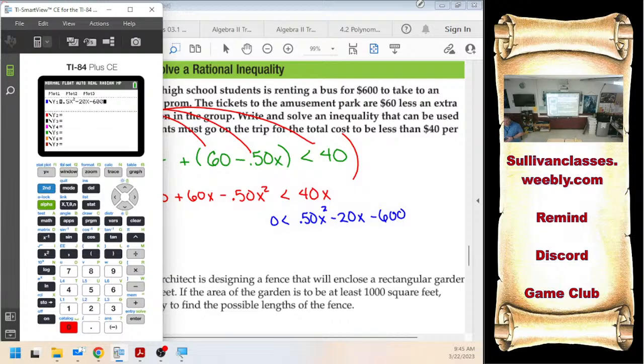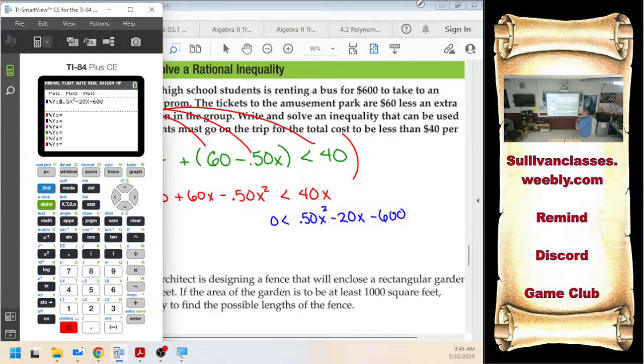What is the maximum amount someone could pay? $660. If one person literally rented a bus by themselves and just went by themselves, $660 is the maximum that a person can pay because they have no friends. Because it's $60 for the ticket.